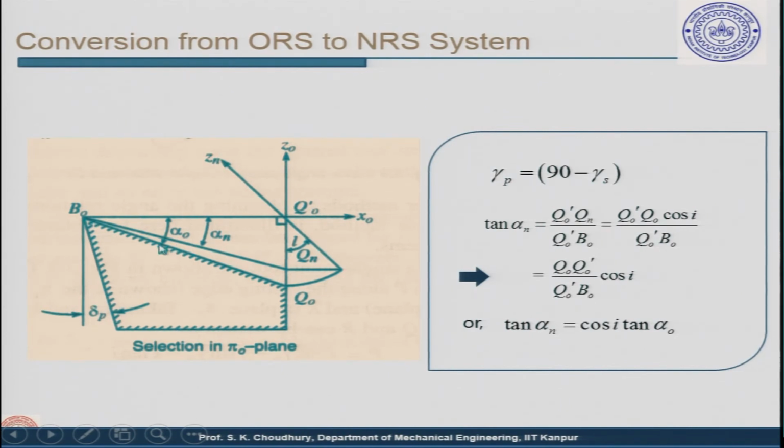Then these points we can project like this, suppose this point, we project on the Zn axis, and then we come back to the Z0 axis here. Then, if we connect this point with the edge of the tool, the tool now given can be assumed safely as the sectional view of the normal rake system.